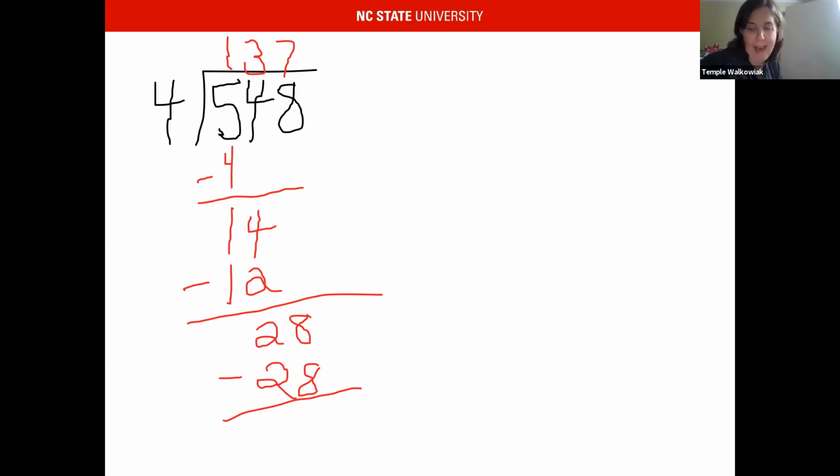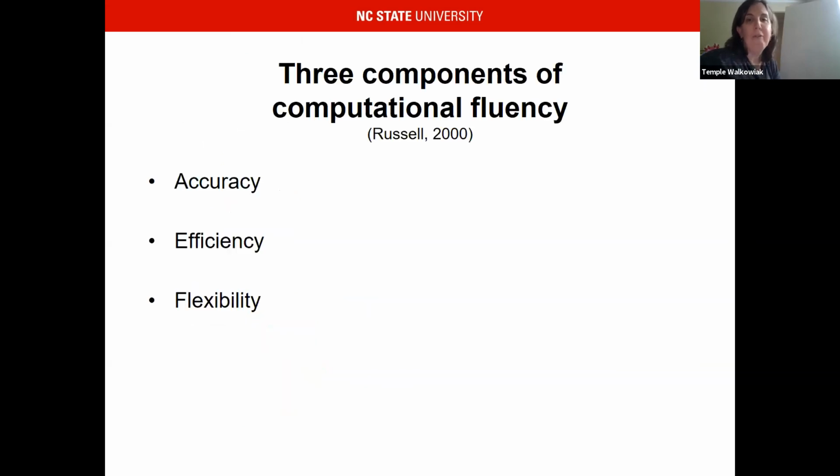So with that, let me say a couple more things, and then I'll pause because I want Valerie and Paola to be able to talk as well. A lot of times we talk about fluency, and how fluent a child is with their algorithms, with the operations. Susan Jo Russell talks about these 3 components.